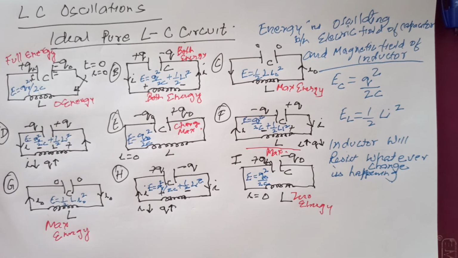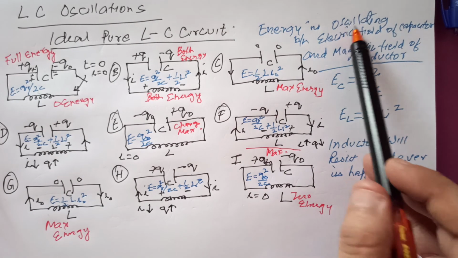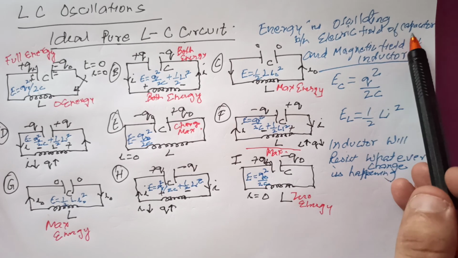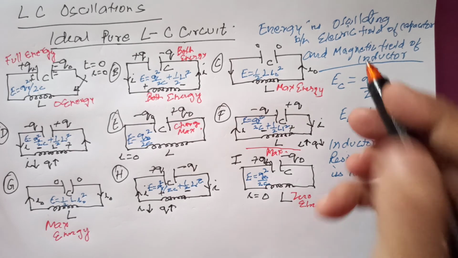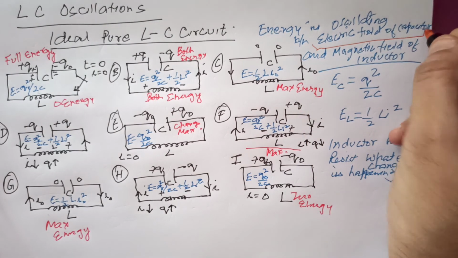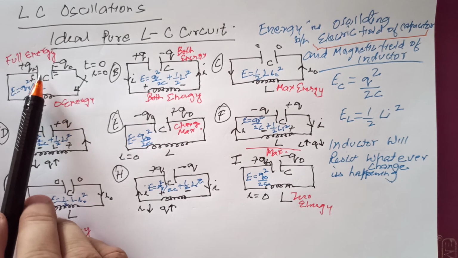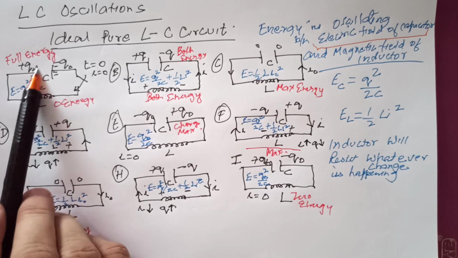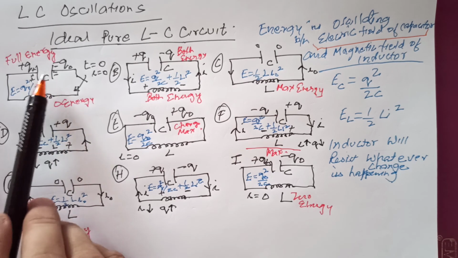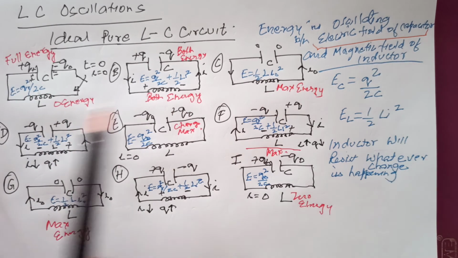So basically what is happening? Energy is oscillating between the electric field of the capacitor, and this is a very important point, and the magnetic field of the inductor. The energy in the capacitor is because of its electric field and the energy in the inductor is because of its magnetic field.